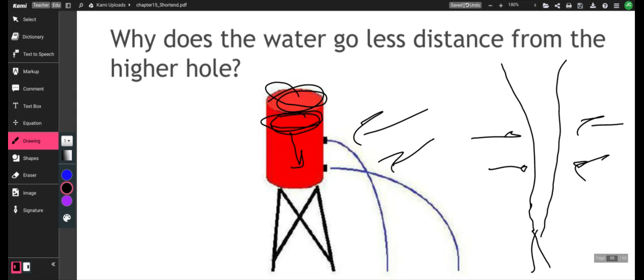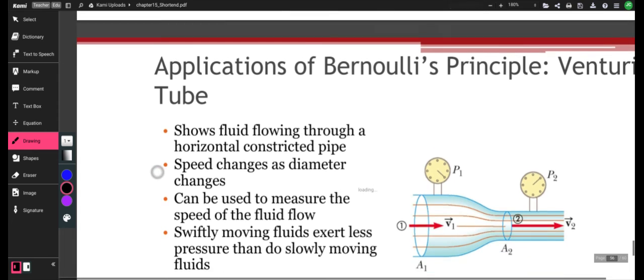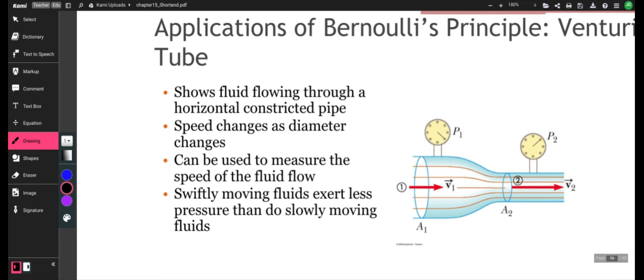I have an interesting video on this, which I'm going to also share with you. So the applications of Bernoulli are that when fluids are flowing fast, there is less pressure.